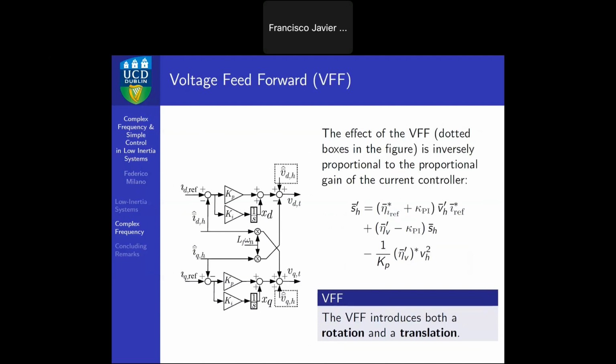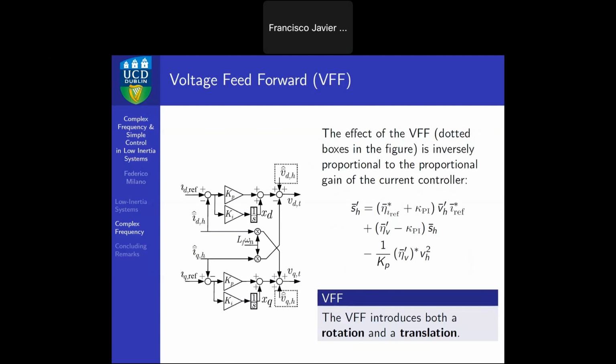Then there are so many controllers that the list could be very long. I just put some of them. Now, what happens when I have a voltage feed forward? When I have the voltage feed forward, then I obtain this expression. It is again linear, always linear in the constant frequency.